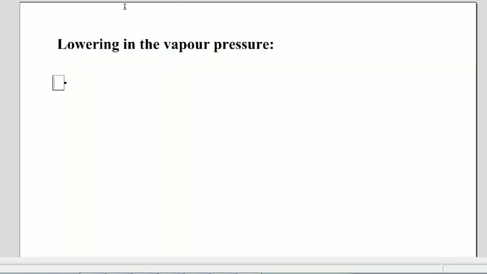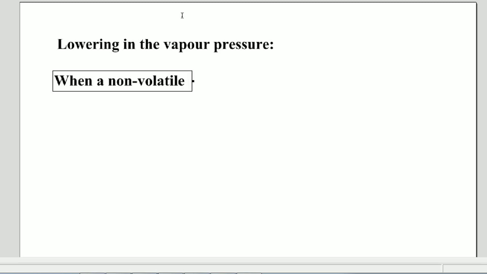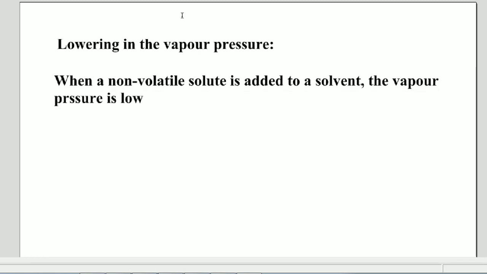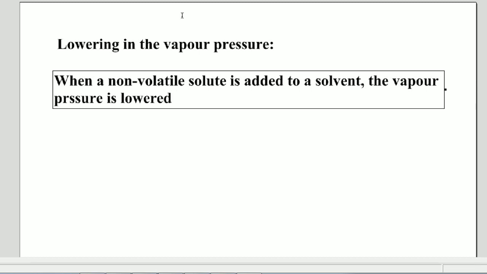So students, when a non-volatile solute is added to a solvent, the vapor pressure is lowered. The vapor pressure is lowered due to the following reasons.